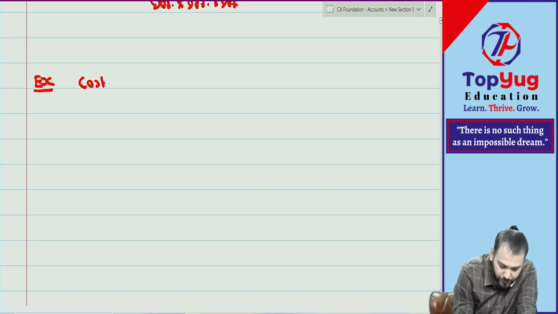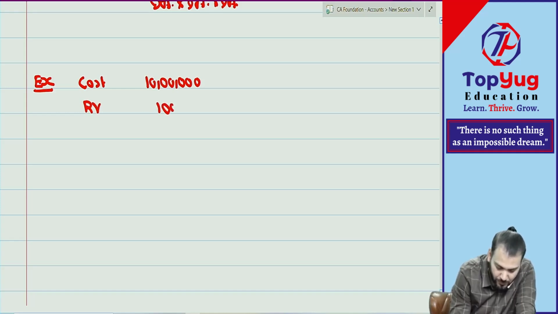Cost 10 lakh. Residual value 1 lakh. Useful life 4 years.